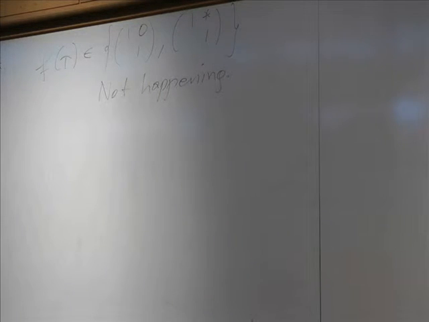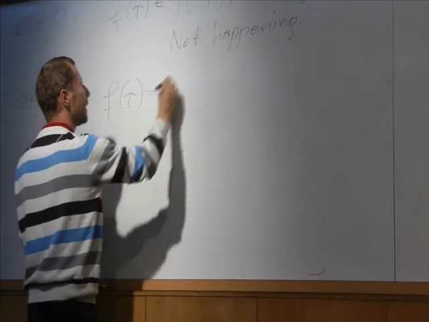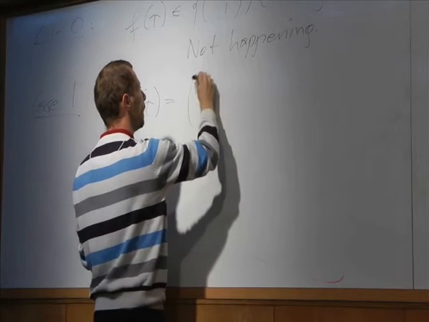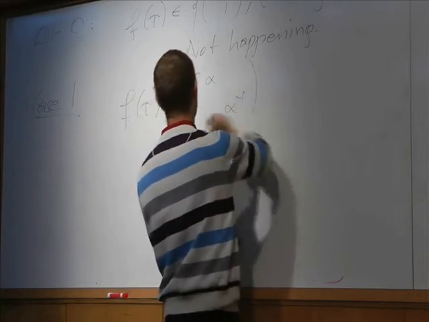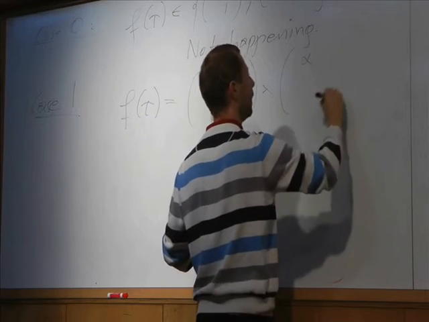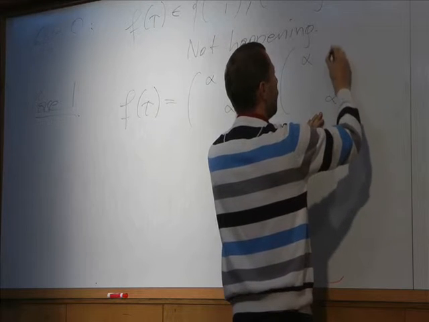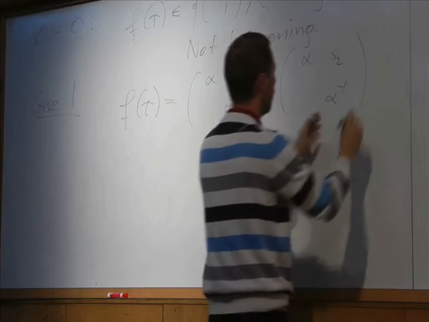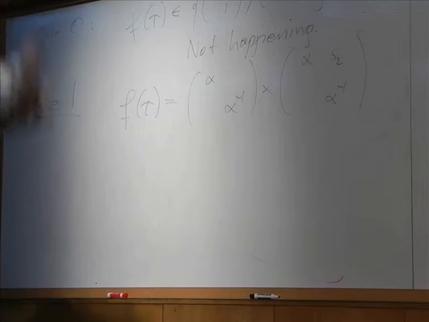Case 1, which is the remaining case, is equal to some alpha inverse, cos alpha inverse. That's the only normalizer that we have, cross something here, S2. But if that's the case, we just conjugate.